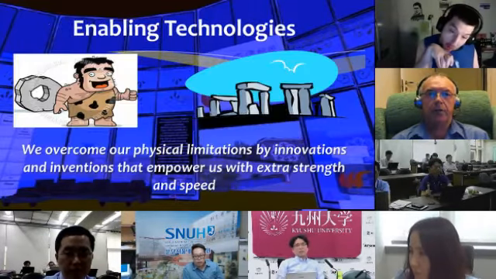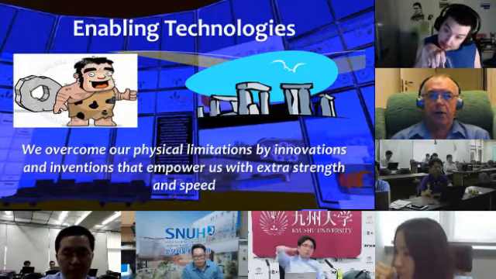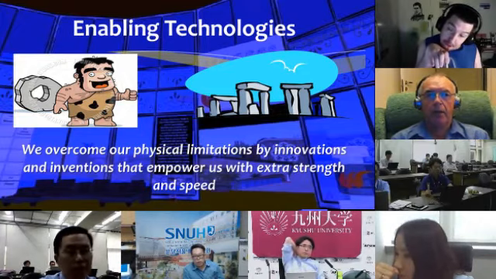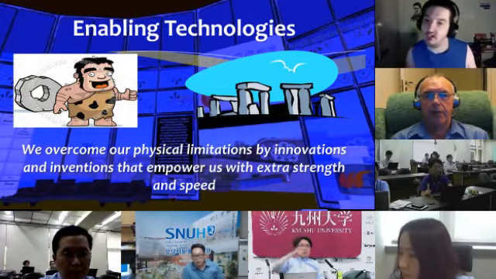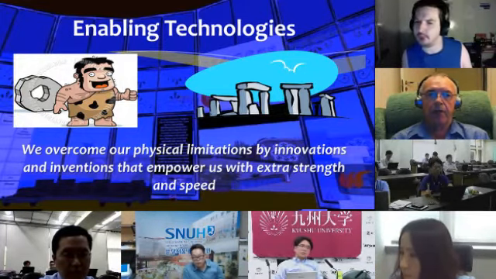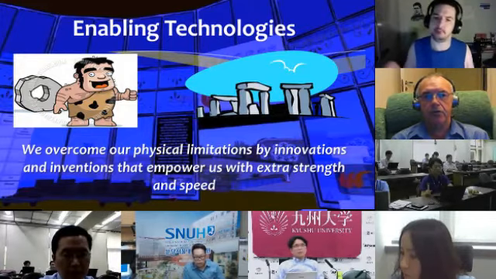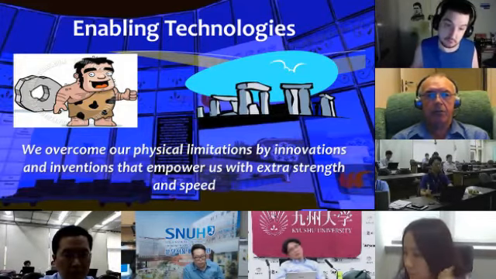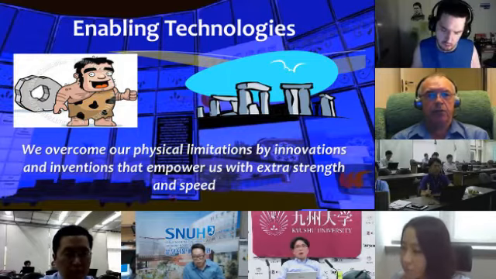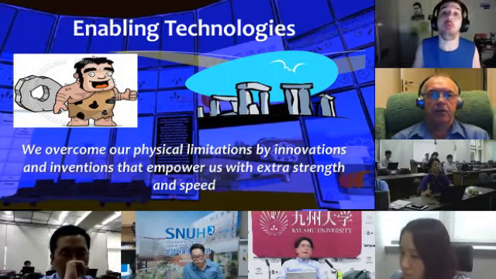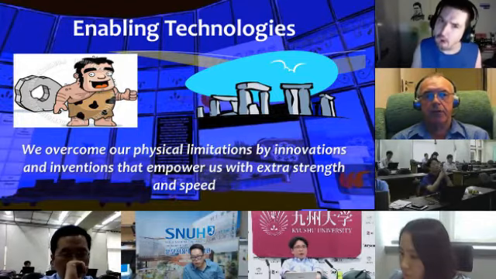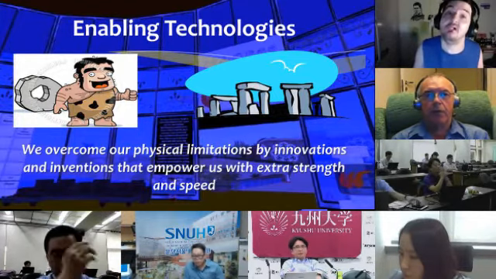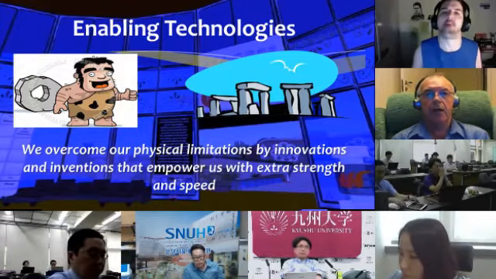So from the beginning of time, we have differentiated ourselves from the animal world because we have had the ability to innovate and develop inventions which empower us with extra strength and speed, whether it's the invention of the wheel or the ability to use technology to lift very heavy weights and construct things by collaborating with each other.